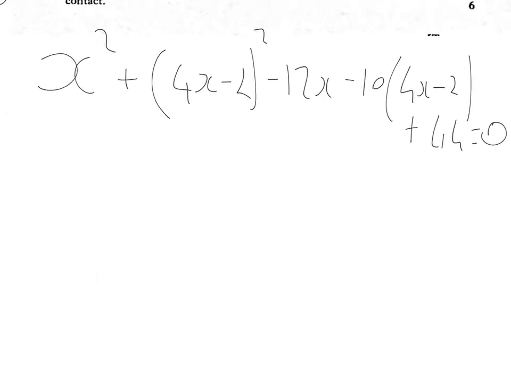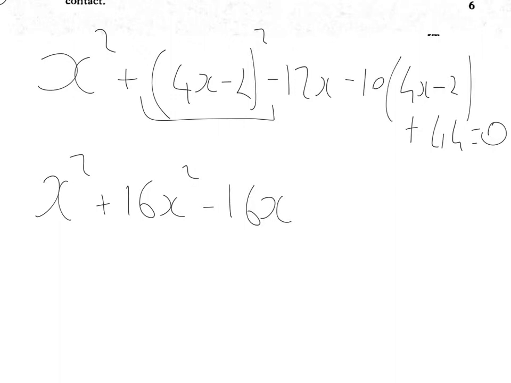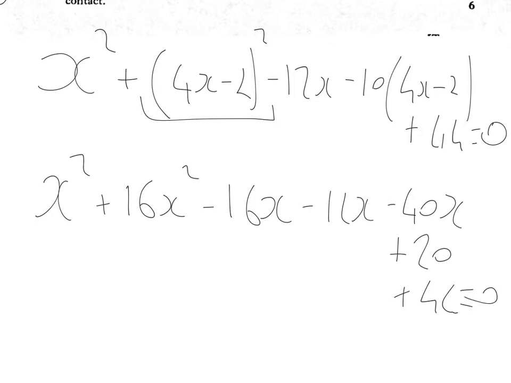So just take your time when you expand it out. It's going to be x squared plus, again, go outside if you need to, 16x squared minus 8x minus 8x again, so that's minus 16x minus 12x minus 40x plus 20 plus 44, and that's equal to 0.